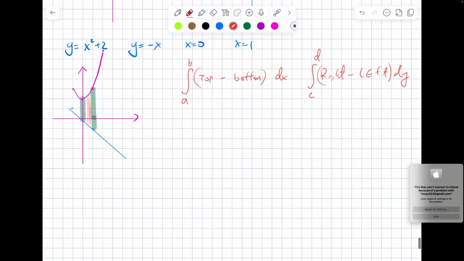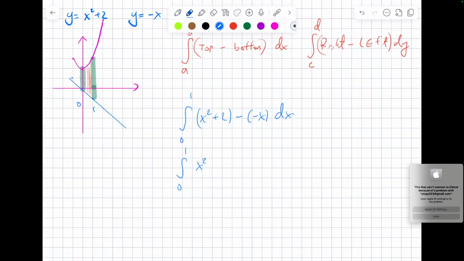So in this case, the top function is going to be from, well, we're going to start at 0 to 1. So 0 to 1. Is that okay? And top is going to be x squared plus 2 minus negative x dx. Even though it's negative x, it's still subtracting, so in this case it becomes adding.